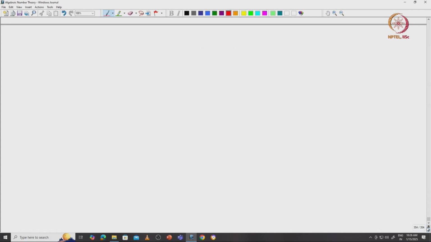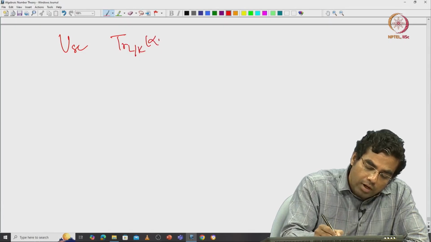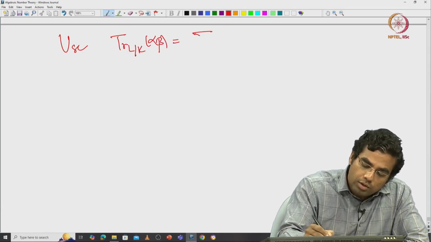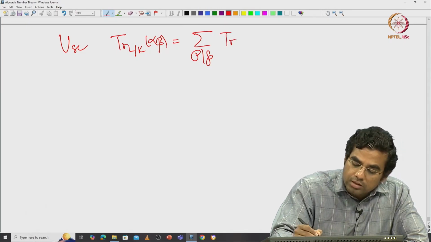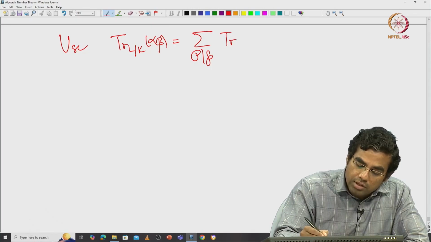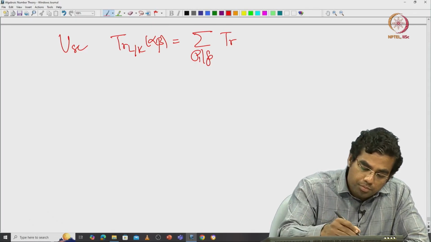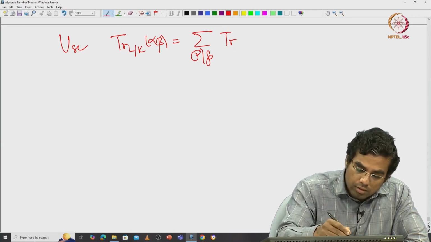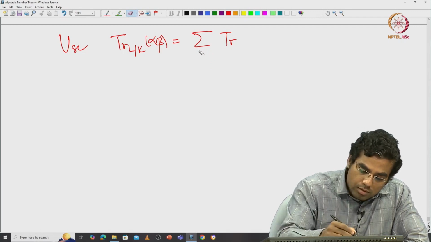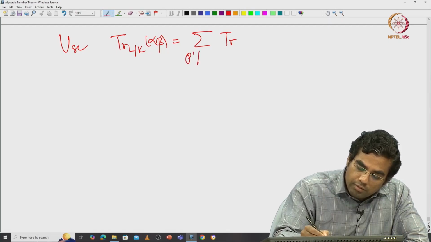Now, how do I show this? Well, we use this formula: trace from L to K of alpha beta is equal to the summation over P prime dividing p of trace from L_{P'} to K_p. Maybe this is a bad notation because we have fixed a P. So, P prime, not P, dividing p.